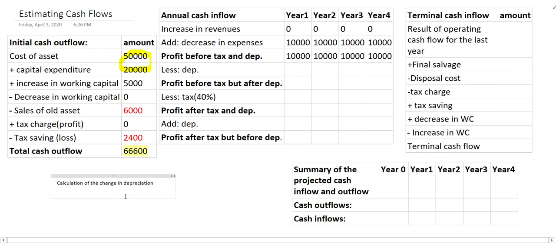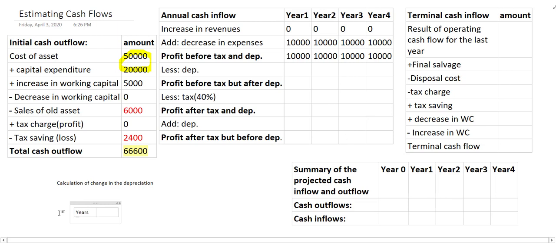Let me calculate the depreciation here, with one more column. Let me draw one more table here, and in that table I have to adjust the depreciation of the old machine with the depreciation of the new machine. So in this way, let me calculate it.